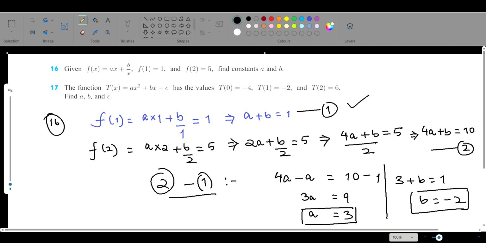So this is the b value. a is 3, b is minus 2.